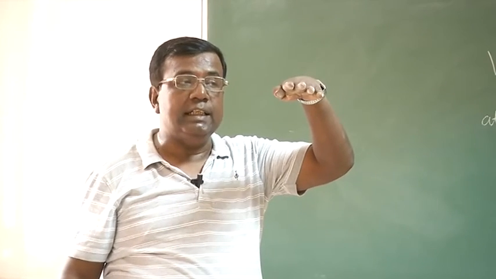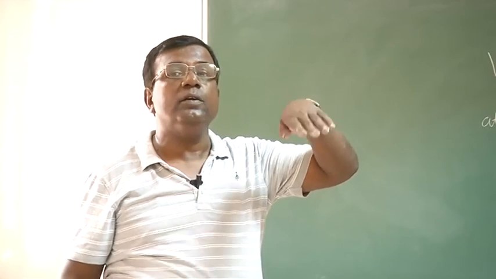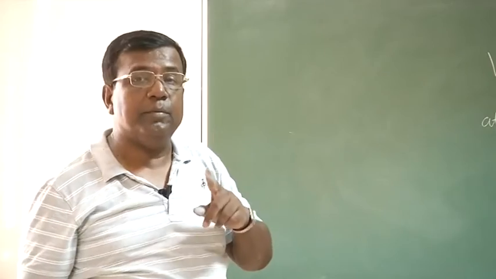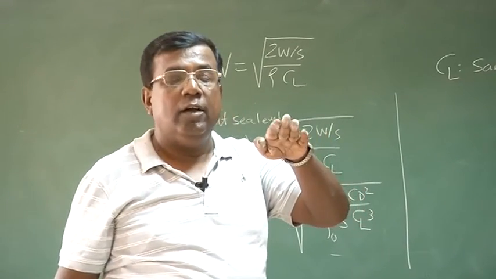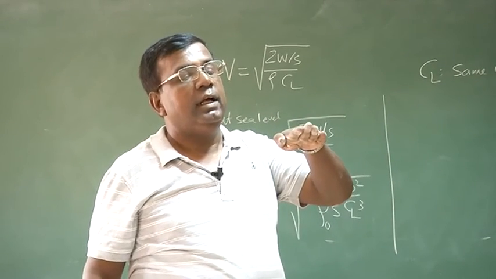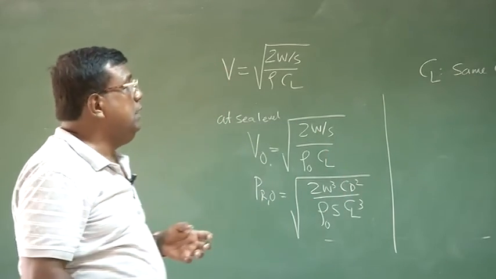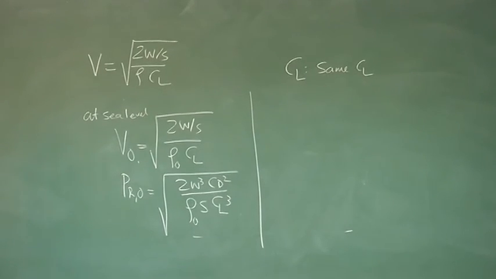Since density has reduced, I must compensate that loss of lift through velocity, increasing the speed, if I am keeping the CL the same. Because CL is achieved by the orientation of the airplane. Whatever CL is required, I have to orient the airplane to get such an angle of attack that CL is what is desired. Now we are keeping the same CL, so we have to compensate through velocity.